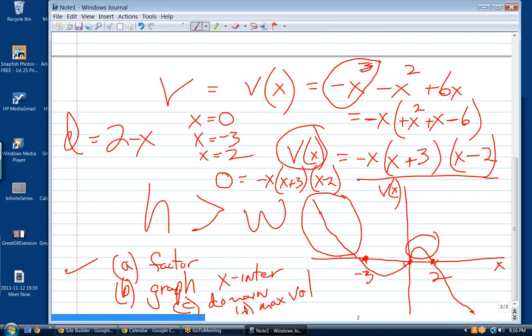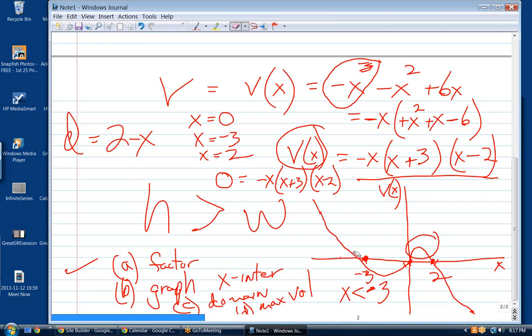So when they say what is the effective domain, well, it would be what? X less than minus 3. You see why? If x was somewhere between 0 and negative 3, we would have a negative volume. So we can't have an x between 0 and negative 3. If we have an x that is less than negative 3, then this part of the chart is positive volume.